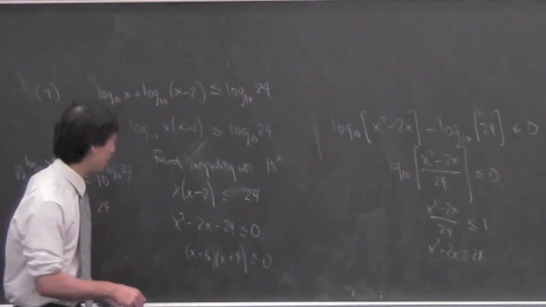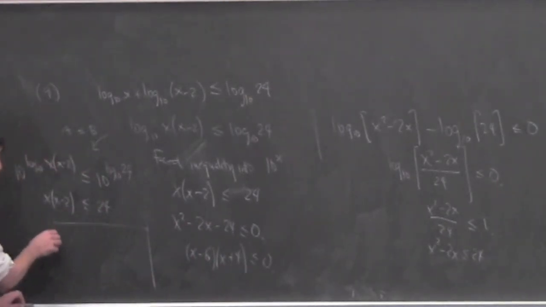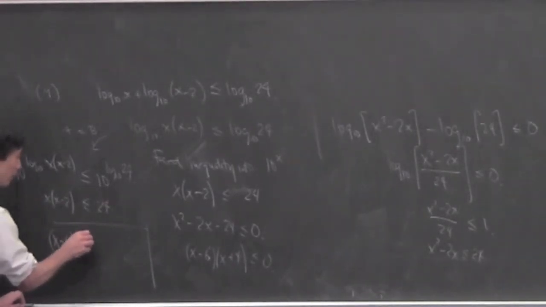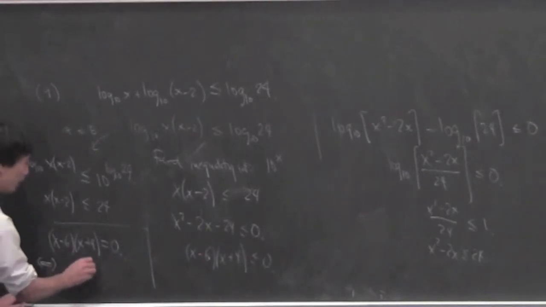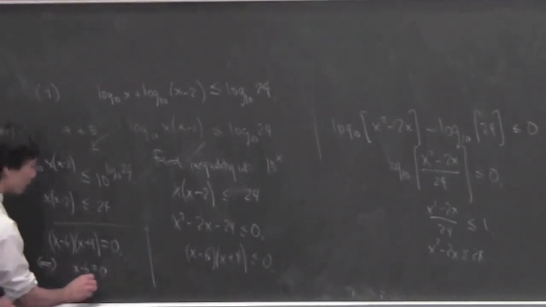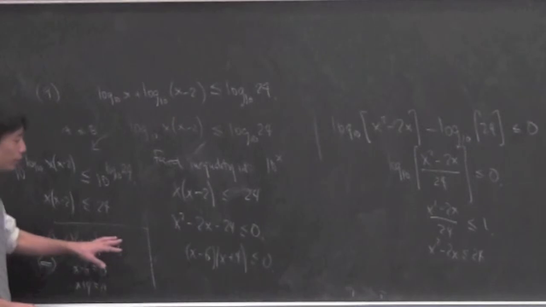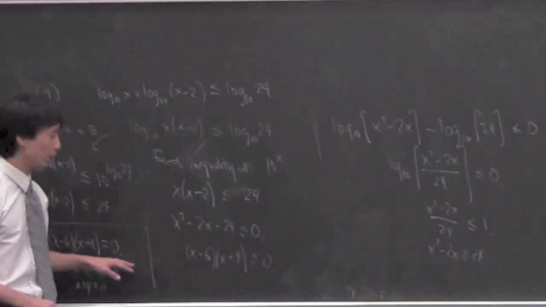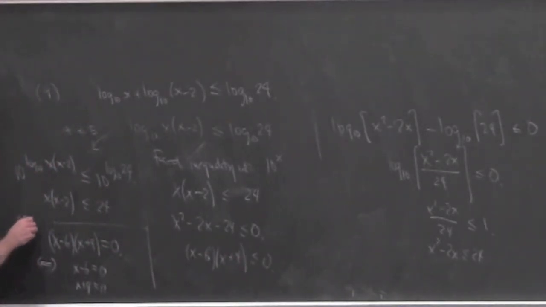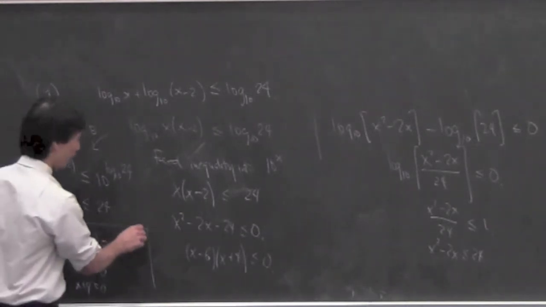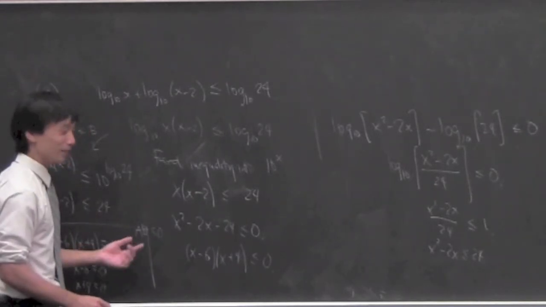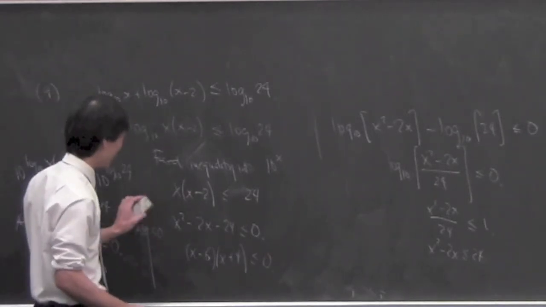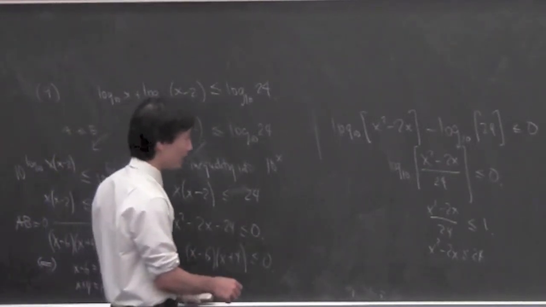No. I think you're thinking about if it's equal to 0, where x minus 6 times x plus 4 equals 0. It's true that if you have a times b equals 0, then one of these things has to be 0. But if a times b is less than or equal to 0, it's not true that a has to be 0.